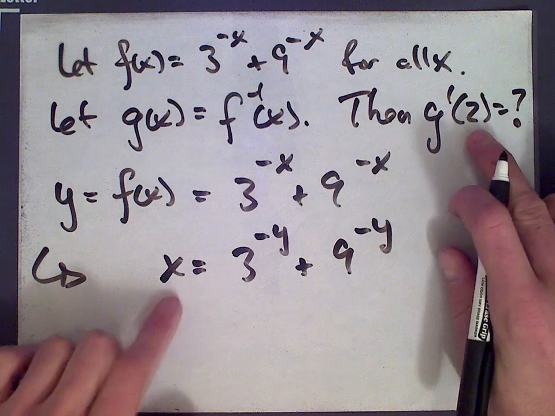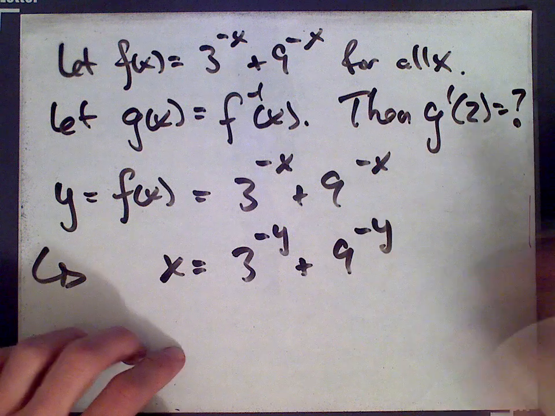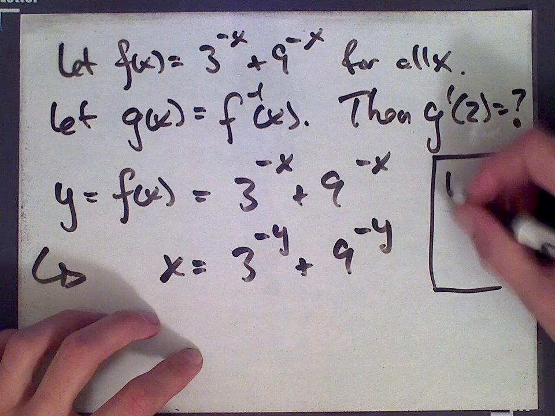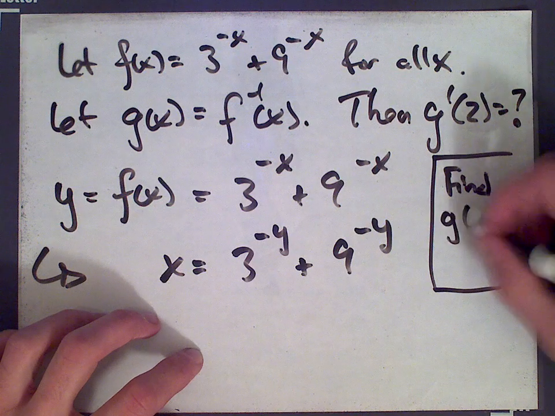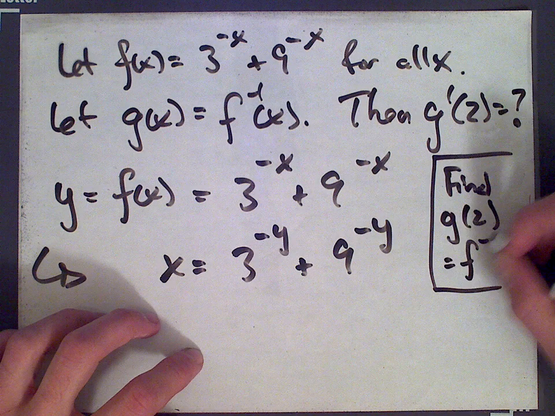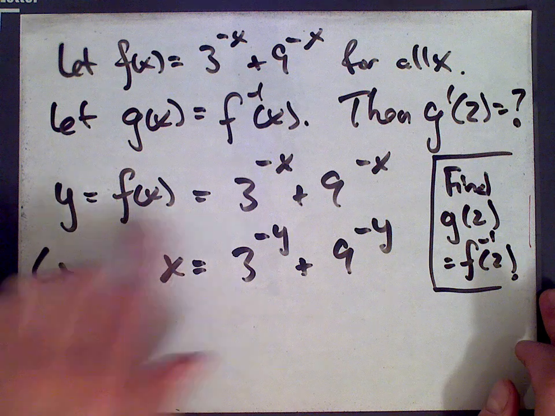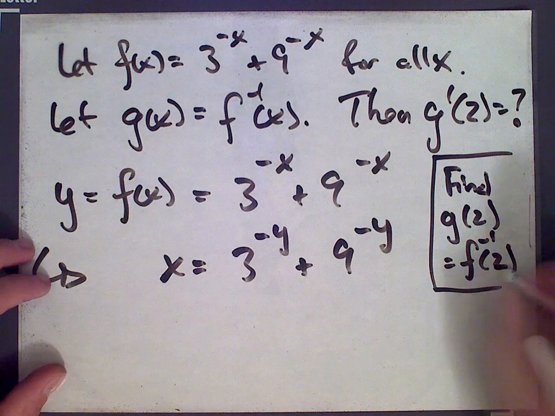And we want to plug 2 in for the inverse. So 2 is going in for x. So the goal here, let me just write this, is to find g of 2, which by definition equals the f inverse of 2. Okay, so we're finding the inverse of this function. So we switch the variables, and for x we plug in 2.